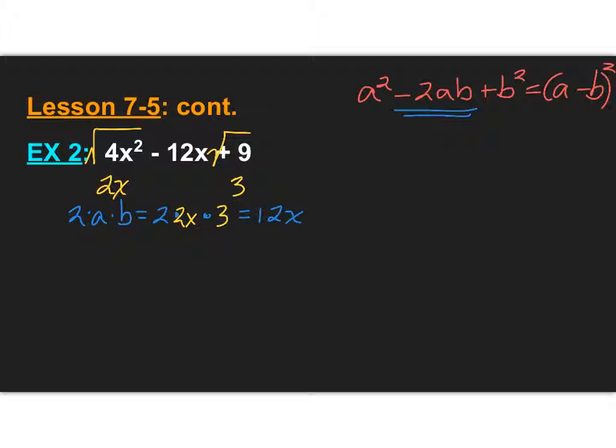And then you're going to ask yourself, does this match the middle term? It does. Don't worry about signs. We'll deal with the signs in a minute, but yes, it matches.